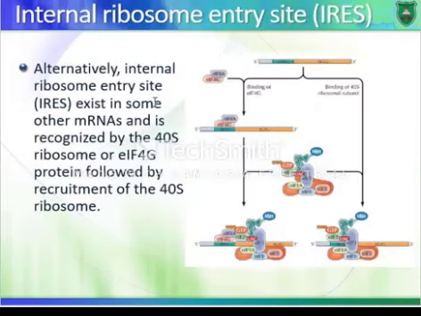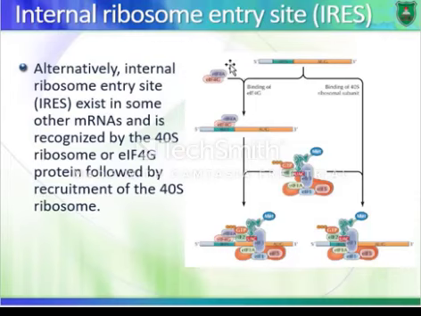In the previous slide we talked about the 5' cap and its importance for the recognition by the small ribosomal subunit, so it allows translation initiation. But in some mRNAs there is another way of recognition by the small ribosomal subunit, which is through the internal ribosomal entry site, IRES.